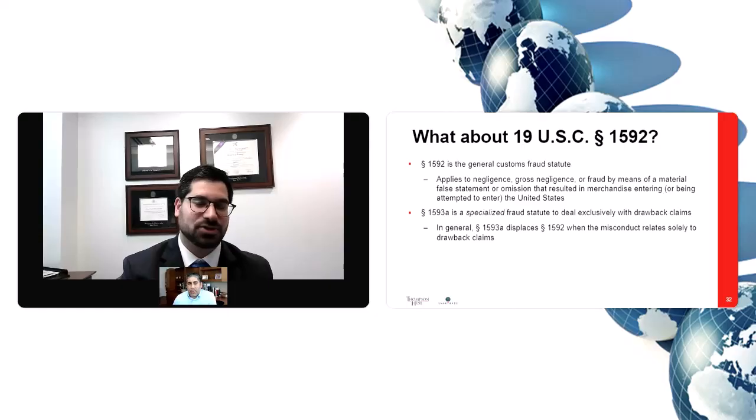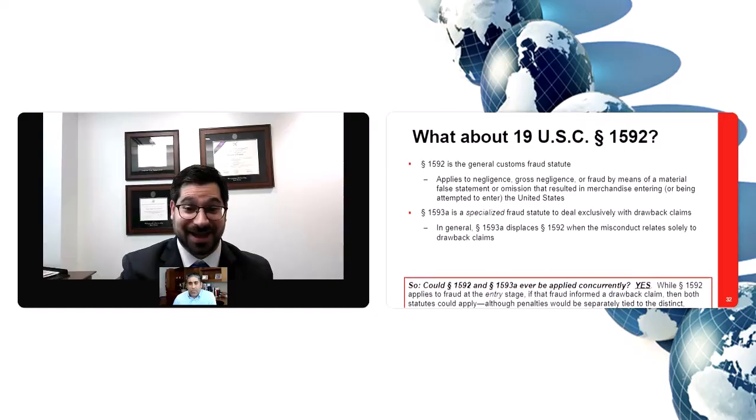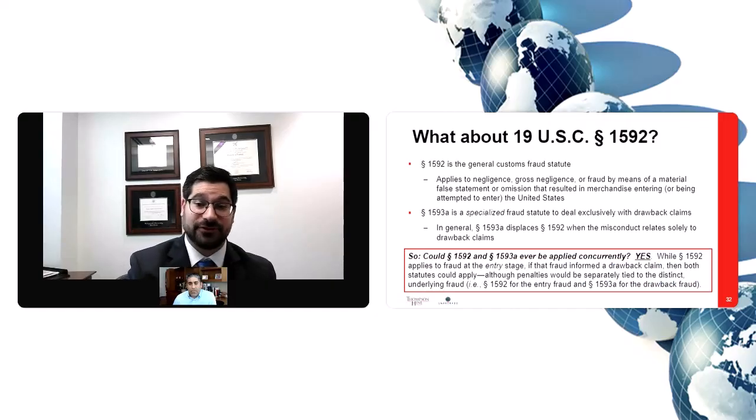Now, some of you out there might be wondering, well, wait a minute, is there ever a situation then where Section 1592 and Section 1593A can apply concurrently? And the answer is, perhaps horrifyingly, yes. While Section 1592 focuses on fraud at the entry stage, so think of maybe fraudulent misstatements that affect the valuation of the merchandise, its origin, its classification within the tariff schedule, right?